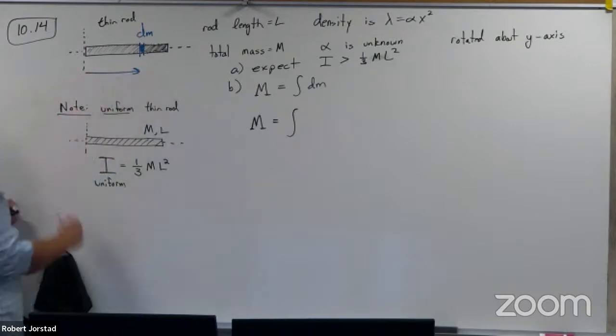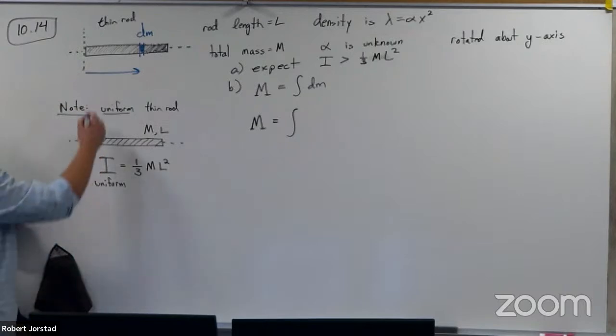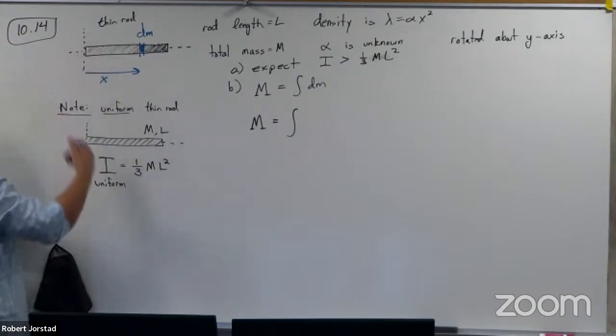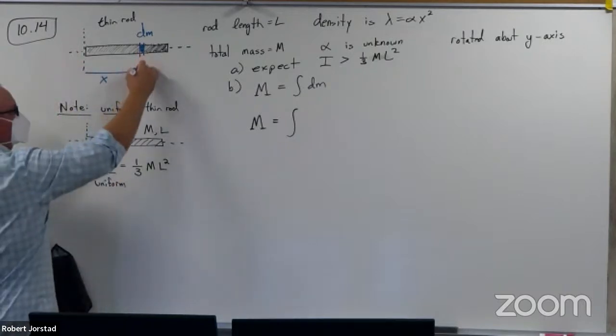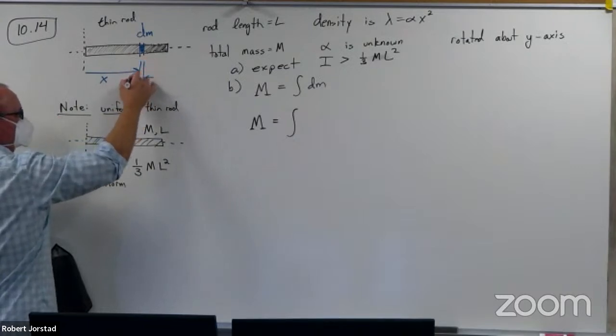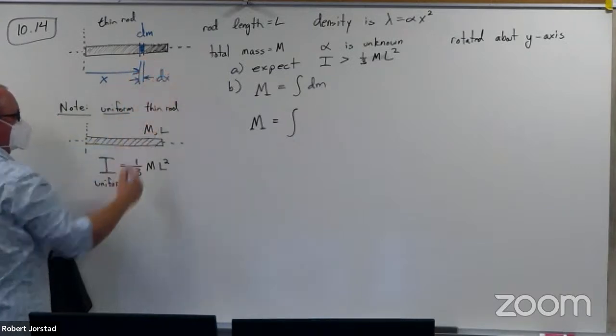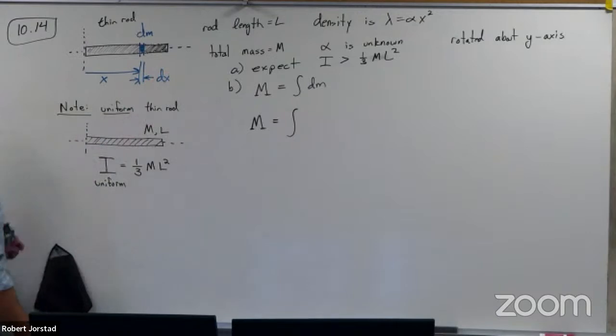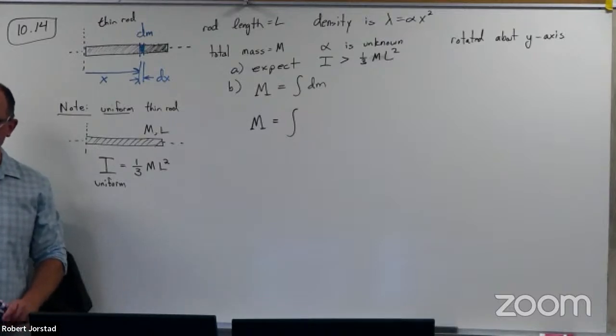In this case, what's a good name for that? x, because we're using the coordinate system shown. And what's a good name for this thickness? So what's dm? Nope. dm equals x dx would be units of meters squared.